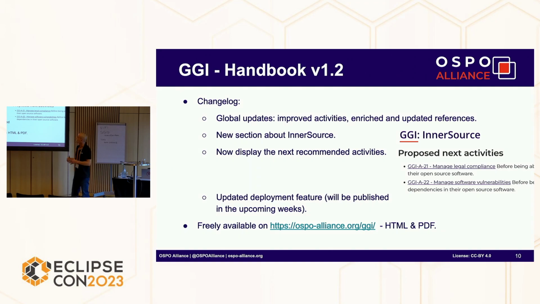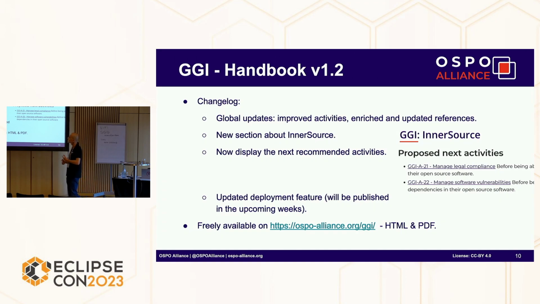Among the changes that we introduced in this week's new release, V1.2, there are a lot of global updates on the activities. We improved them following some feedback from the field. We enriched and updated references, so it's never obsolete.